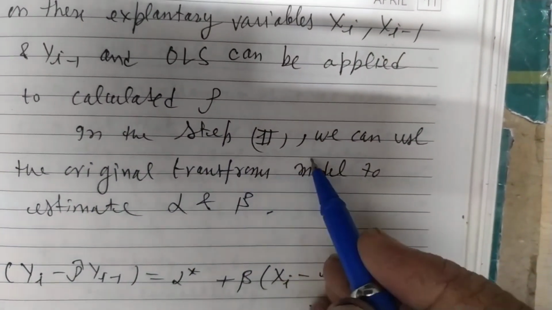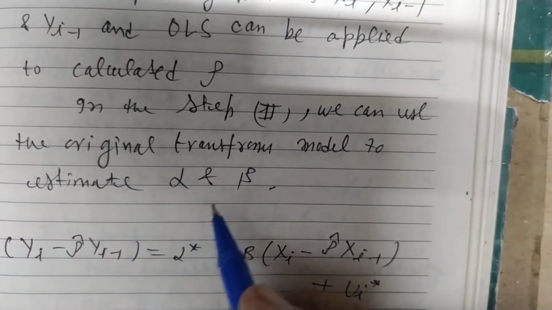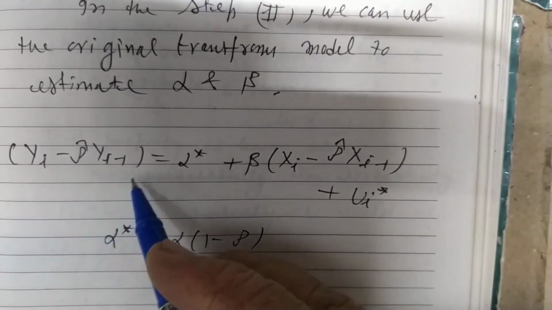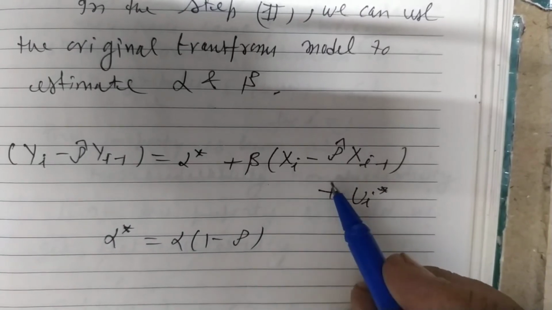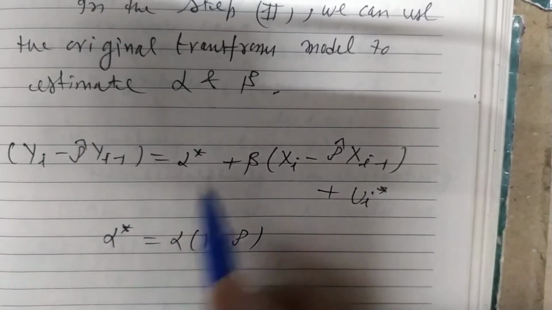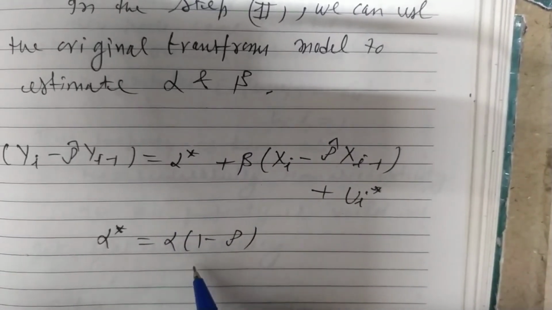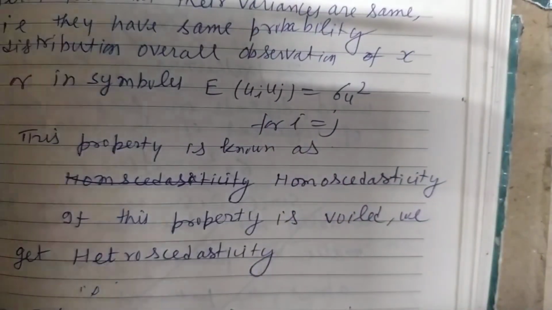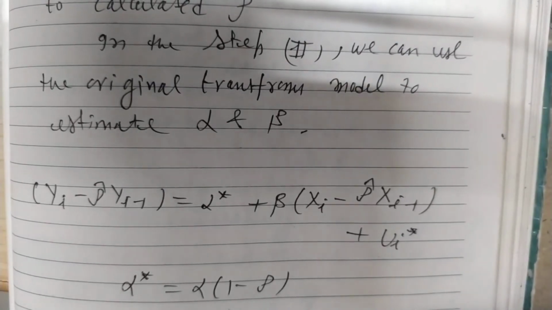In step 2, we can use the original transformed model to estimate alpha and beta: yi minus rho yi-1 is equal to alpha star plus beta times (xi minus rho xi-1) plus ui. Here alpha star is equal to alpha times (1 minus rho). These are the 5 methods to estimate the autocorrelation. Okay, thank you.